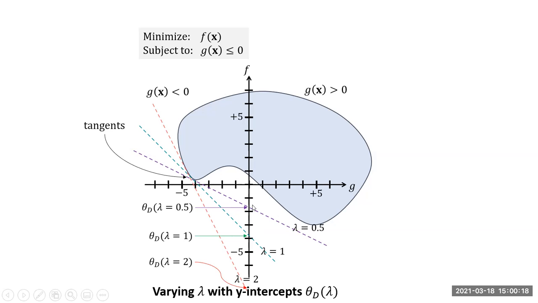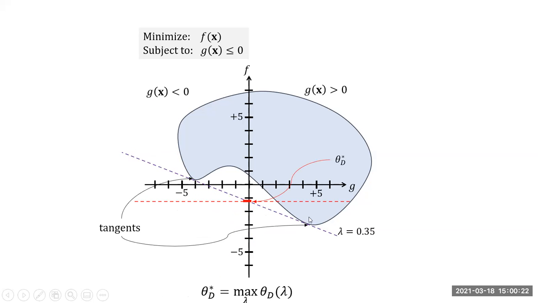It's moving up, right? And then for lambda equals 0.35, this straight line with slope negative 0.35 is tangent at both these points.